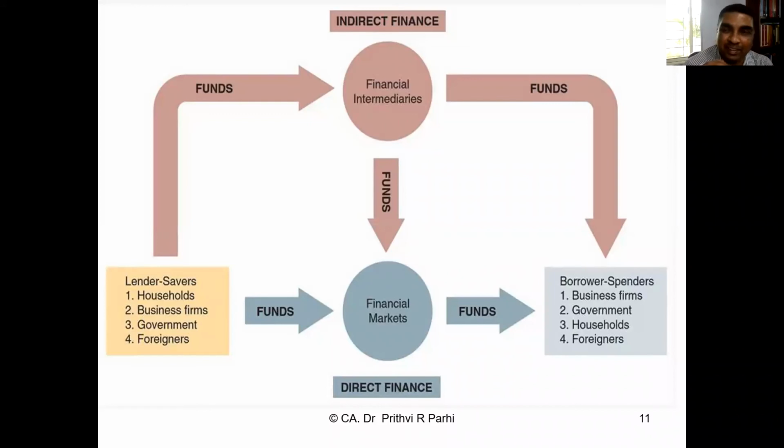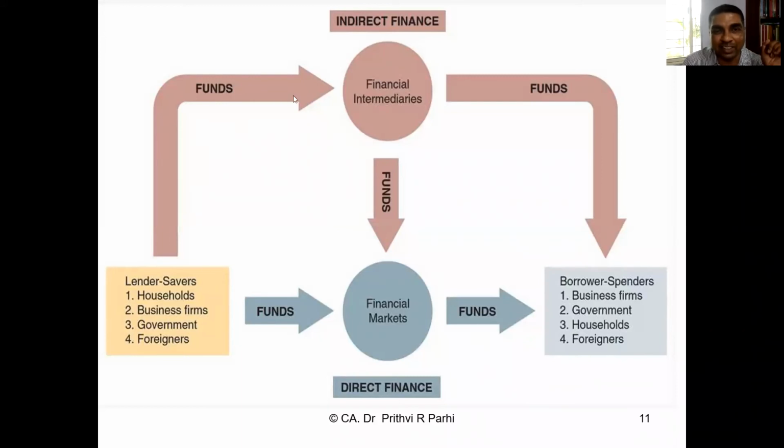That means maybe directly or maybe indirectly. Indirectly means through financial intermediaries. Now, this is one more concept we are learning, one more component of the financial system. The people who are saving money, the savers, give money to the financial intermediaries, and the intermediaries give these funds to the businessman.